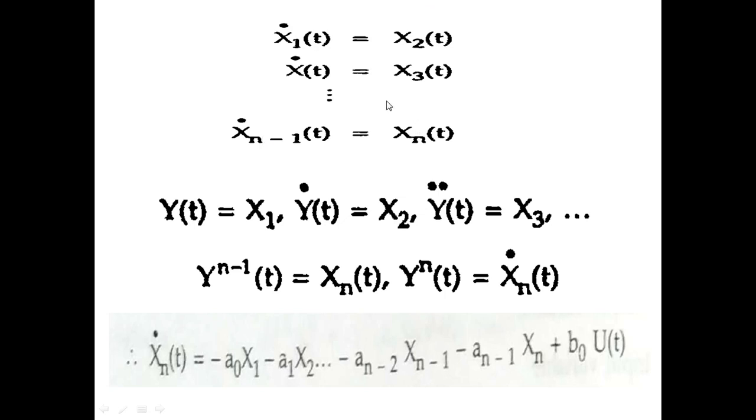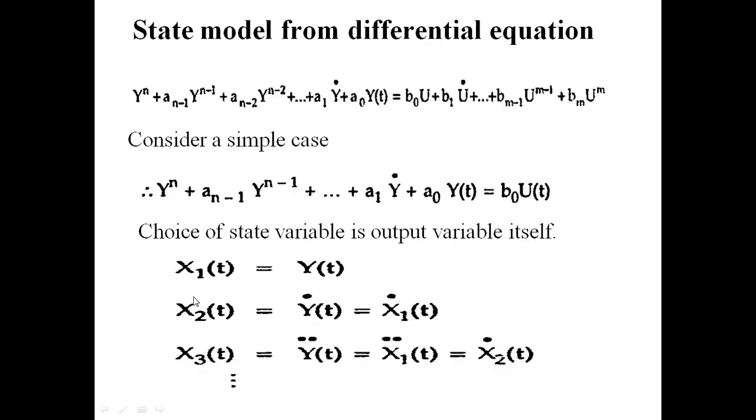So how do we rewrite this now? y of t is nothing but x1, y dash of t is nothing but x2, y double dash is x3, y n minus 1 of t means xn. So y power n means the differentiation of this, and we can rewrite the equation by replacing it with state variables. So y power n means xn dash of t.